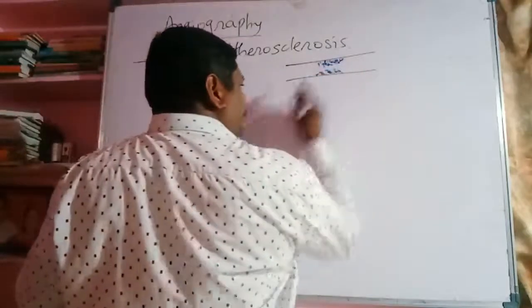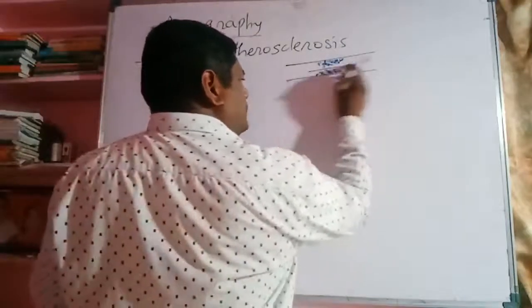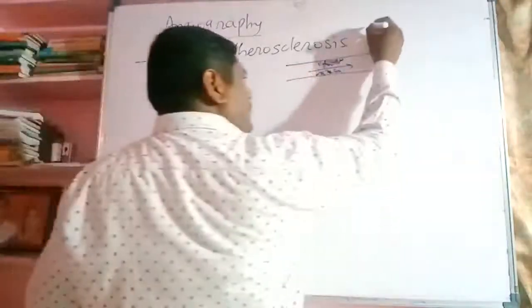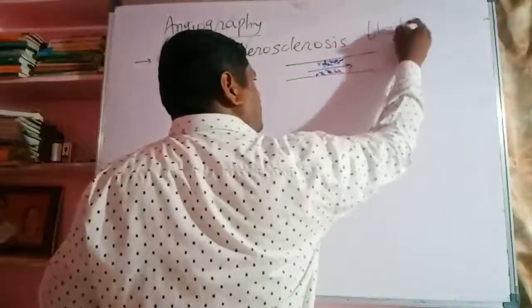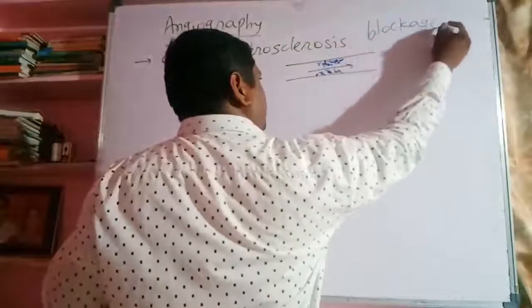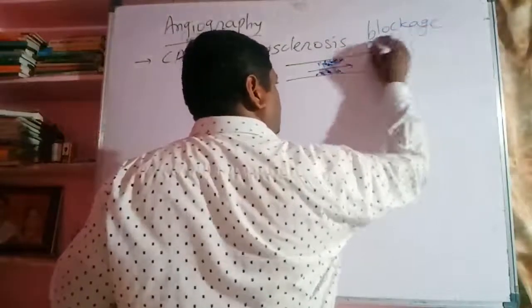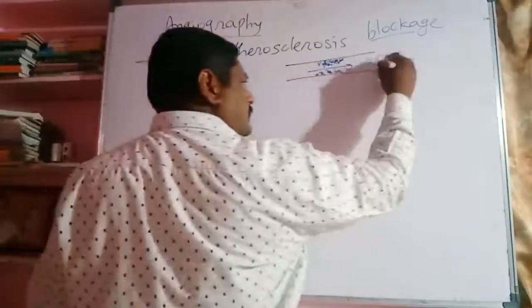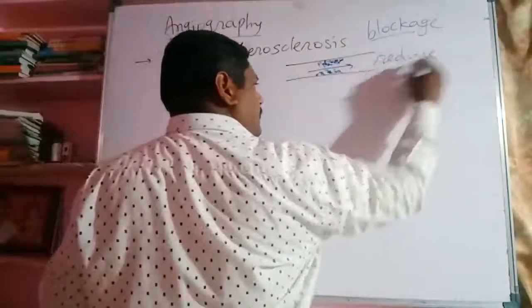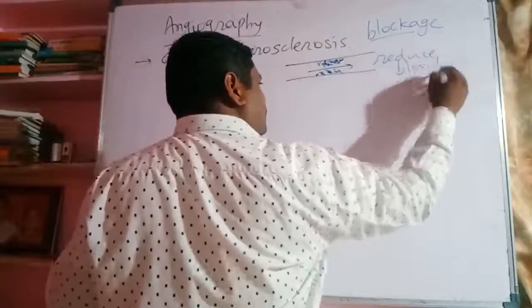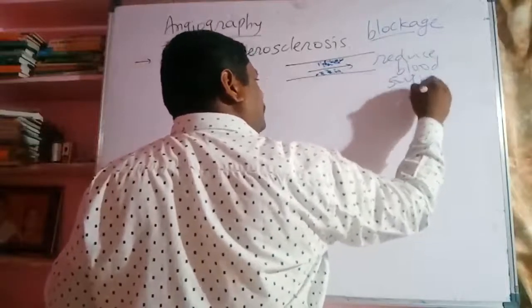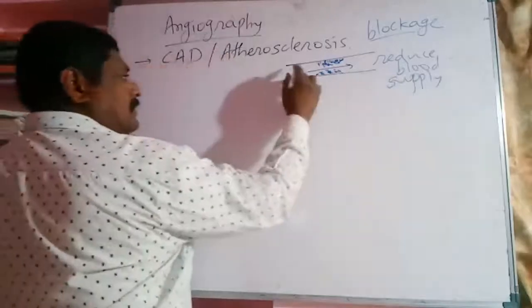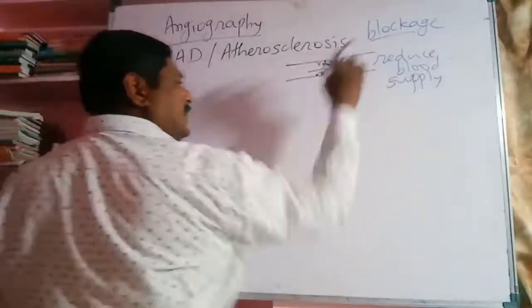The blood flow through the artery is reduced, which we call a blockage in the blood vessel. This reduces the blood supply to the heart muscle, as the artery supplying the heart is the coronary artery.